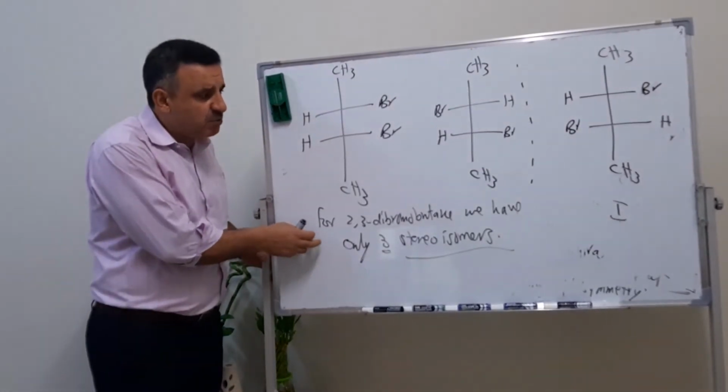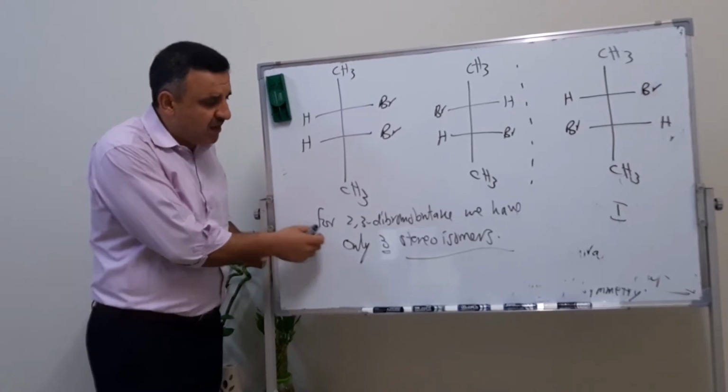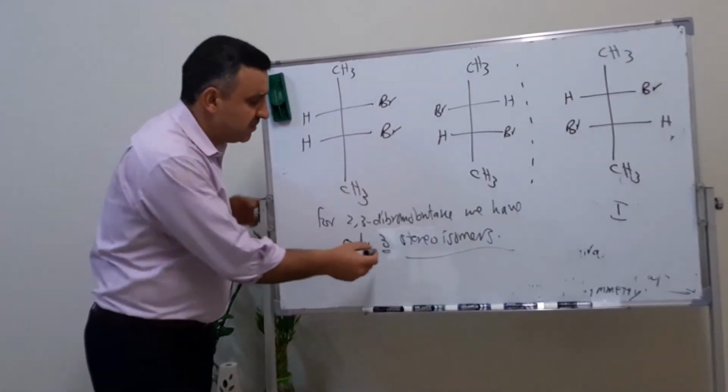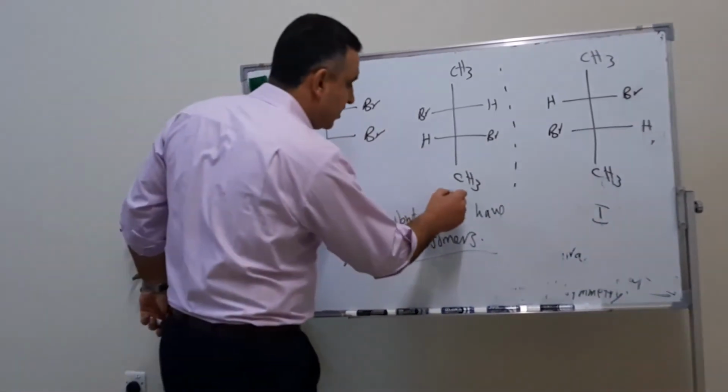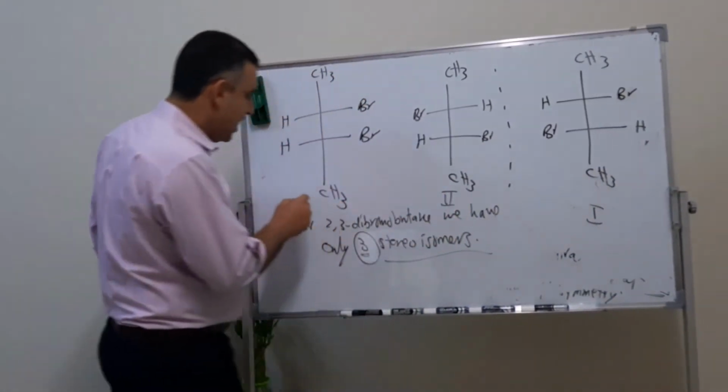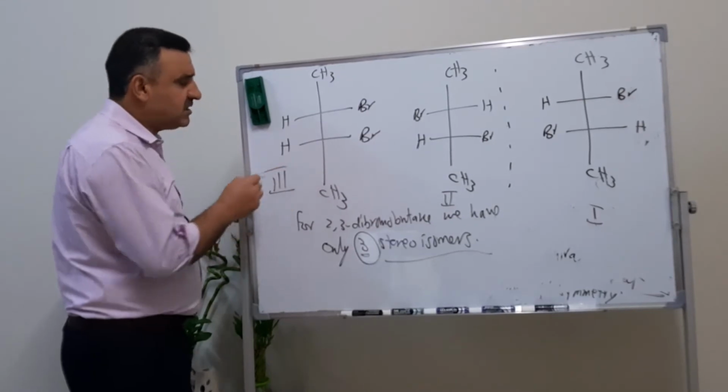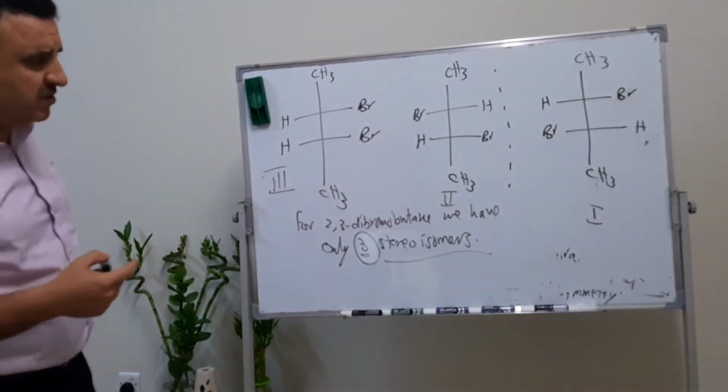In reality, we found only 3 stereoisomers of this compound. So this is number 1 and 2 and number 3. Now let's define the relationship between these.